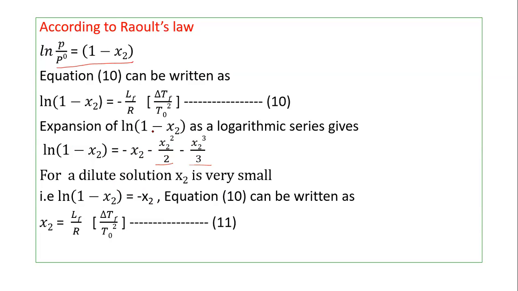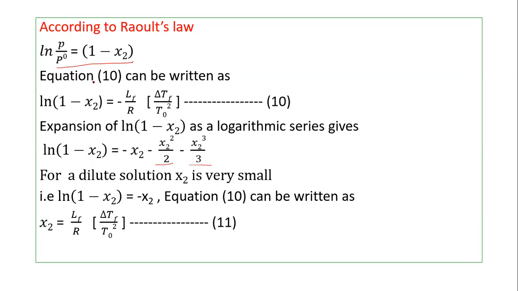So equation 10 can be written as: on both sides it is minus, so minus minus plus, we can write x2 is equal to LF upon R into delta TF upon T0 square. In this way equation 10 can be modified as equation 11. So x2 is equal to LF upon R into delta TF upon T0 square.